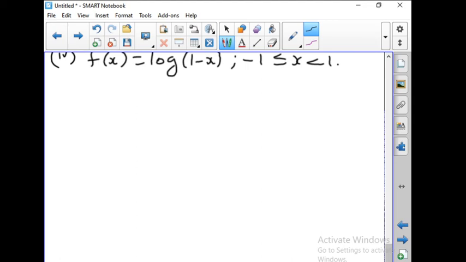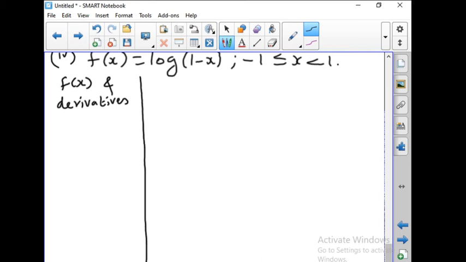Here, f of x and derivatives in the first column. What is the second column? In the second column also we are writing the derivatives only.